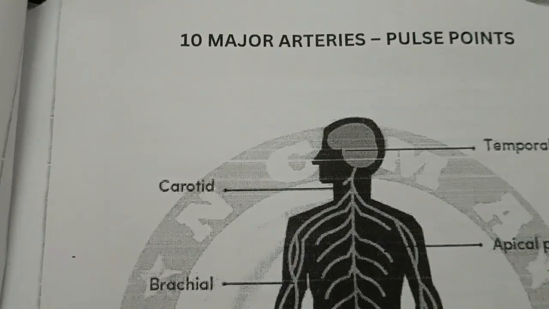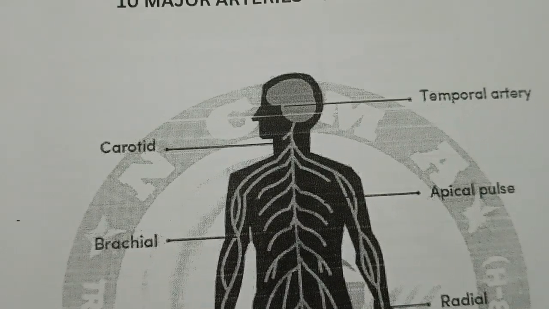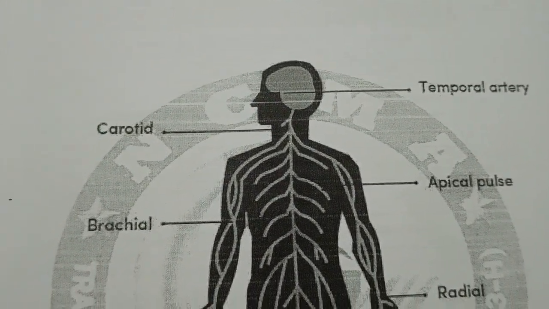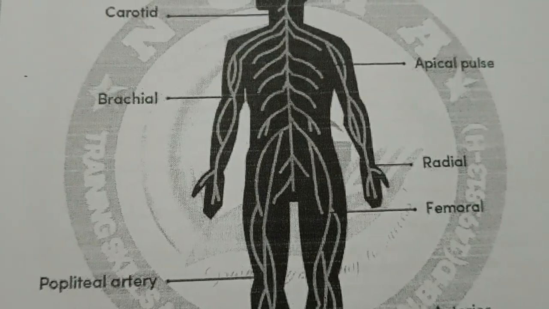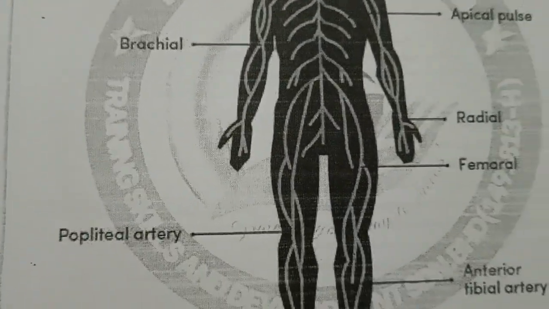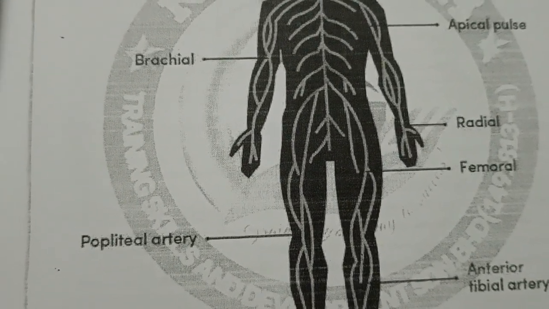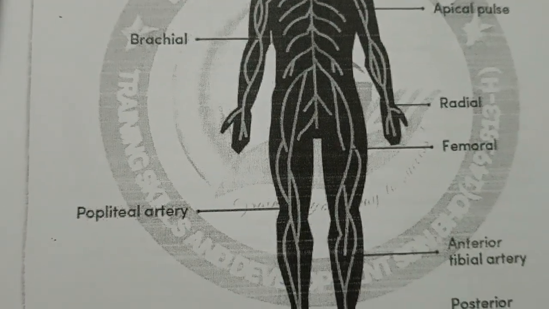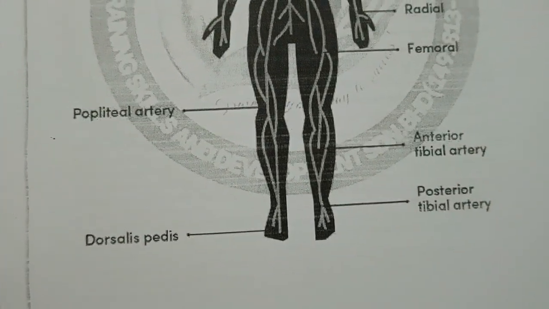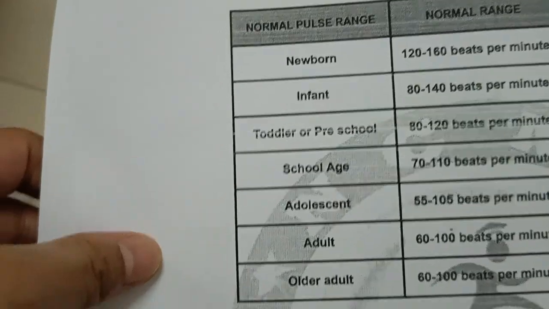Major arteries pulse points: temporal artery, carotid, apical pulse, femoral pulse, brachial pulse, popliteal artery, anterior tibial artery, posterior tibial artery, dorsalis pedis.